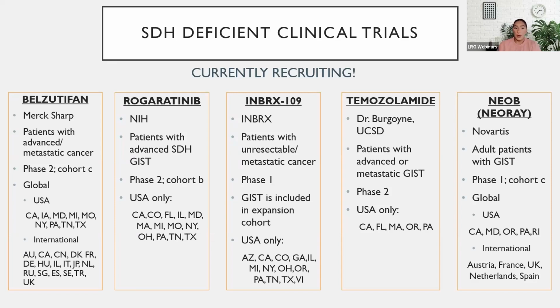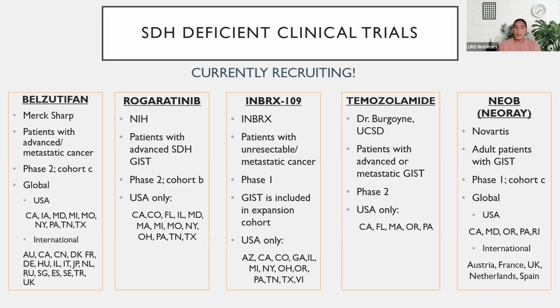Belzutifan is a trial by Merck Sharp that is a phase 2 trial to evaluate the efficacy and safety of the drug. This trial is open to multiple cancer centers, and it's not just GIST specific, so there are other cancers as well, which include neuroendocrine tumor, advanced pheochromocytoma, paraganglioma, and also advanced SDH deficient GIST.